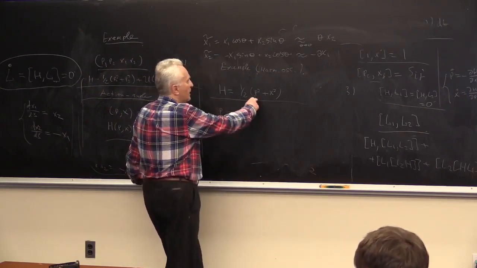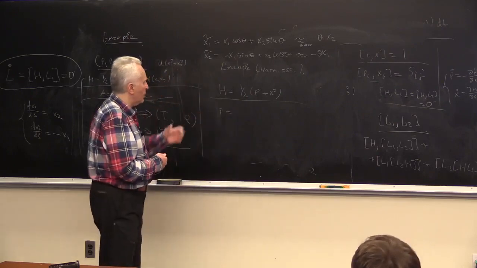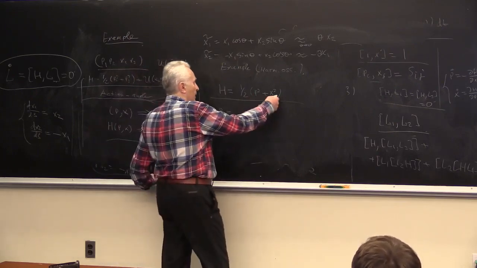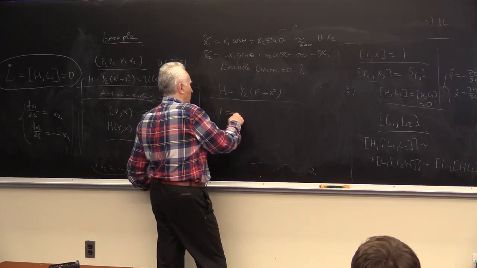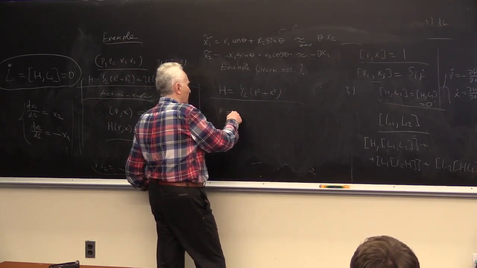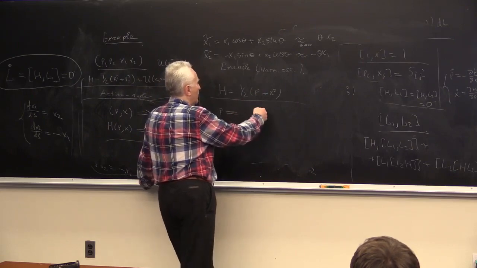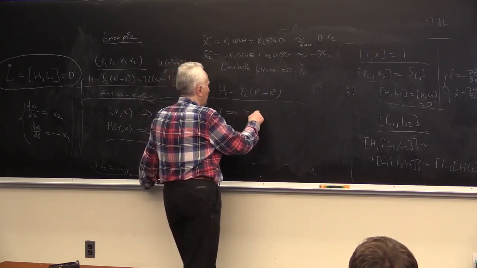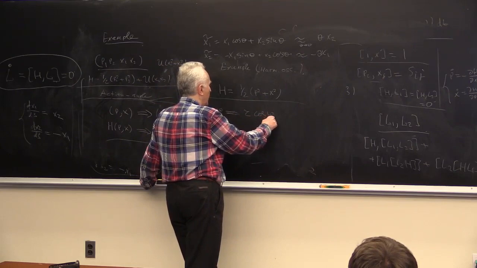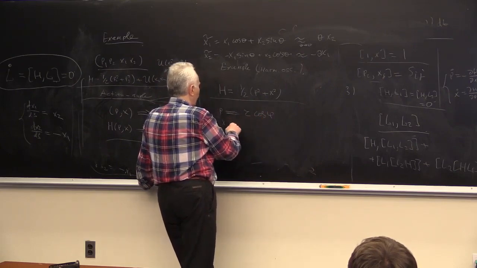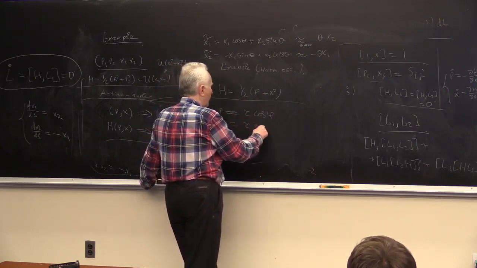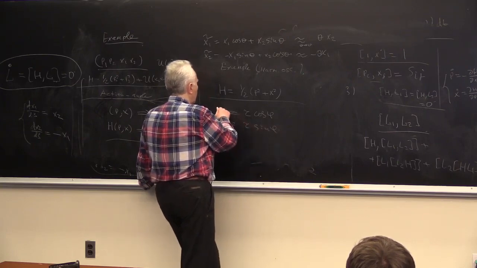What is natural here is first to try polar coordinates, just to write down p as r cosine phi and x as r sine phi.